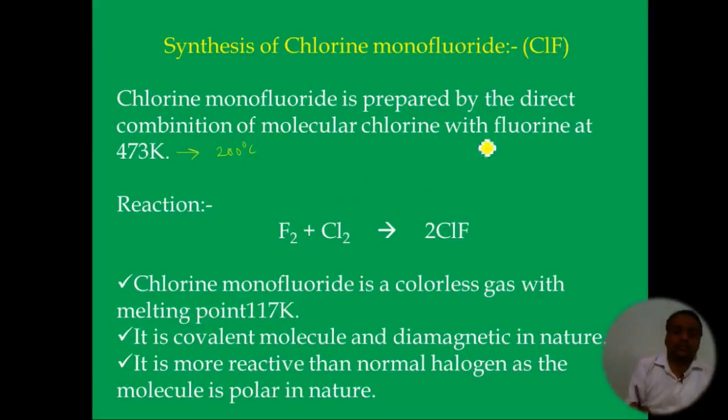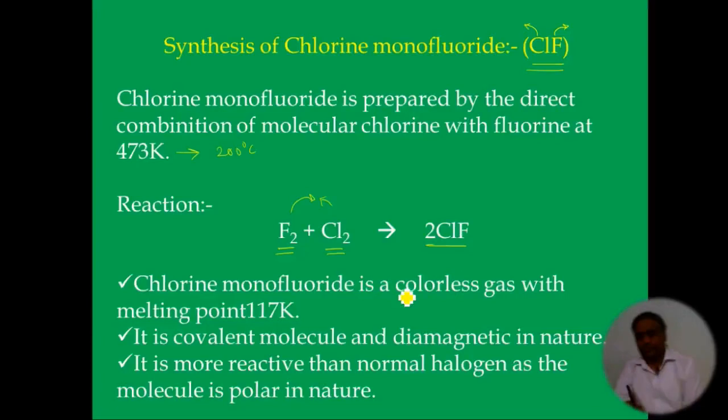If you are preparing chlorine monofluoride, you have to take fluorine and chlorine. So direct combination of molecular fluorine with molecular chlorine, and you have to mix them together, you will get 2 molecules of chlorine monofluoride. So this is the method of preparation of chlorine monofluoride.